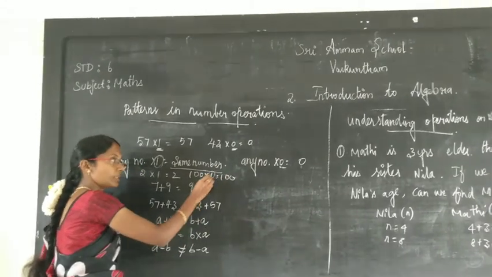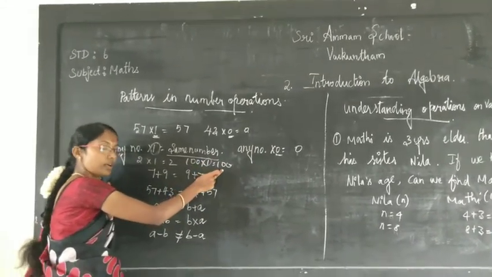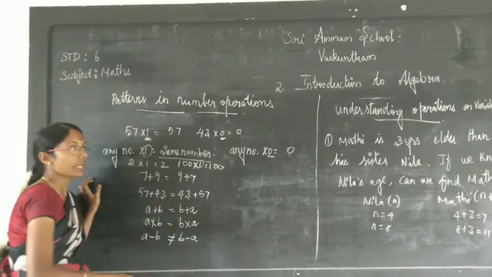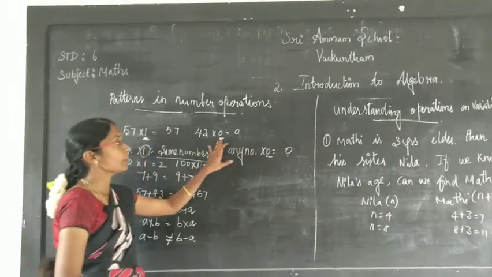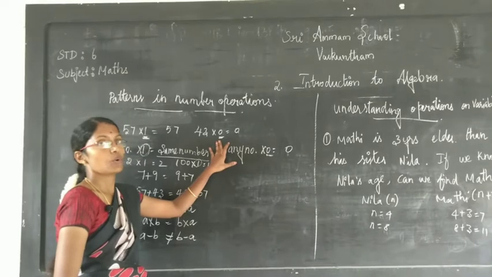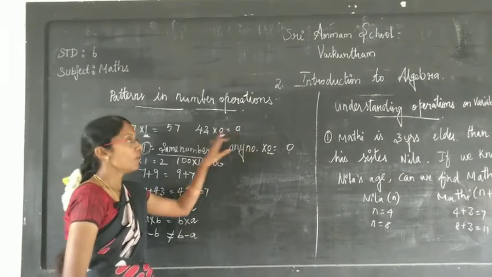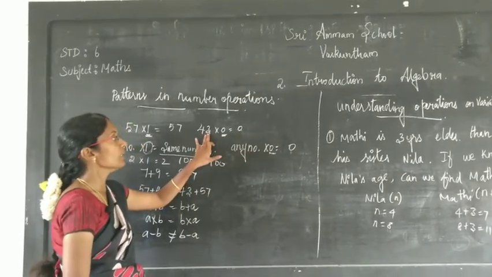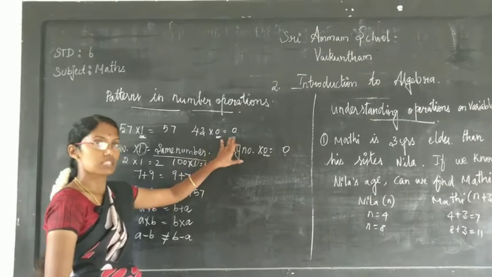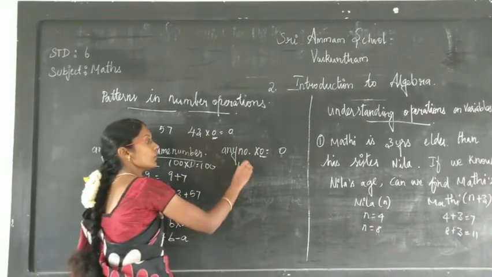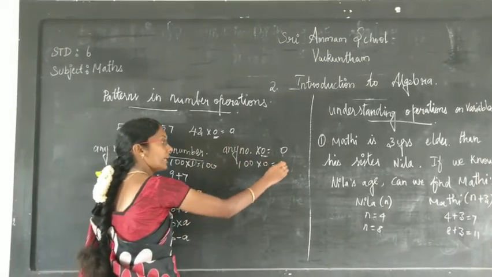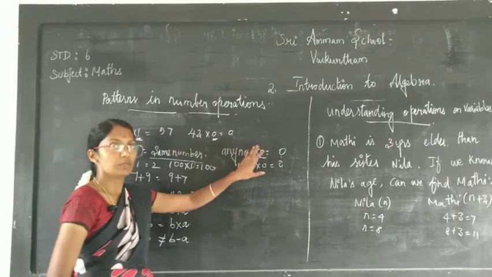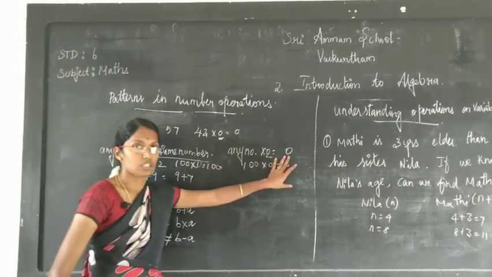Any number multiplied by 1 gives the same number. Likewise, any number multiplied by 0 gives 0. For example, 43 into 0 is 0, 100 into 0 is 0.